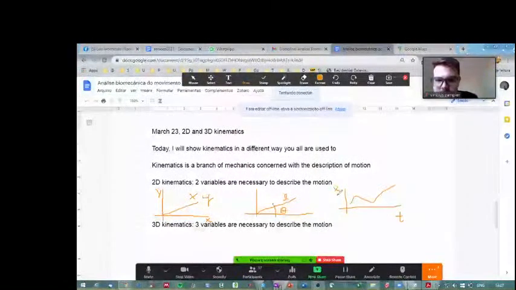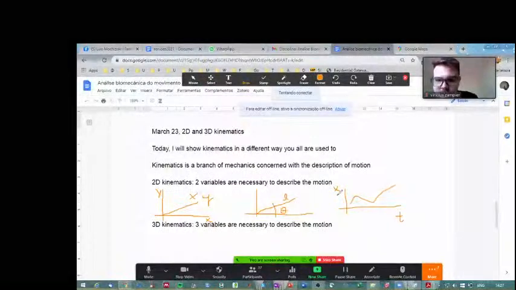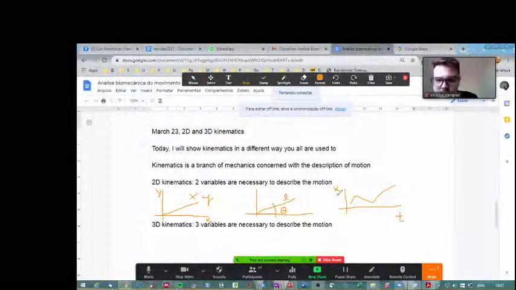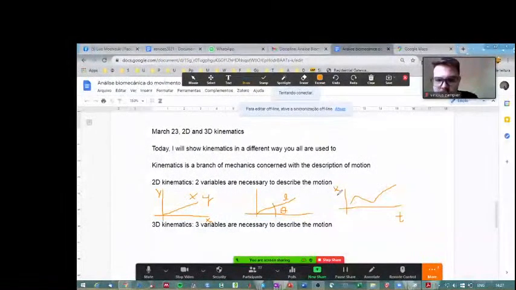So you can describe the movement using the reference system 1 or the reference system 2, and those two are equivalent. It means that they give you the same result. They can show you where something is in the space.